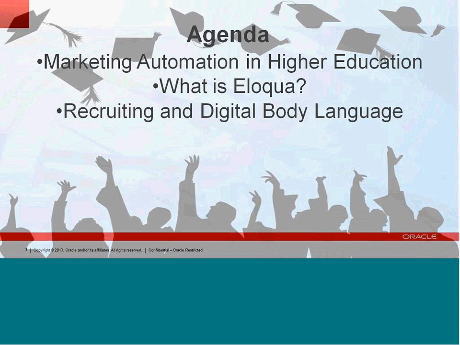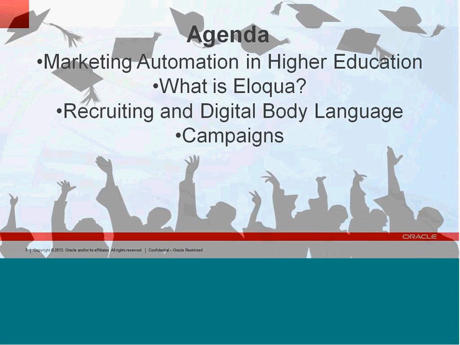Also, we're going to look at recruiting and digital body language. We're going to understand how marketing automation can really aid recruiting, and also how to understand digital body language, really how to read that, how to take that information and really help organizations out there and admissions offices utilize those digital body language metrics and apply them to their marketing automation.